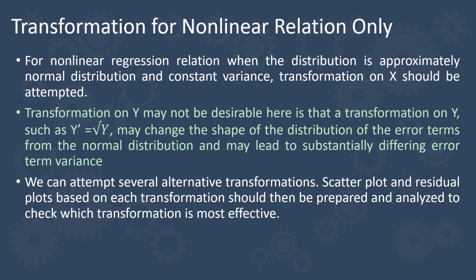Alright, we go specific to the transformation for the case of nonlinear relation. For the case of nonlinear regression, when the distribution is approximately normal with constant variance, the transformation on the independent variable X should be attempted. However, the transformation on the dependent variable Y may not be desirable in this case, because the transformation on Y, let's say the square root of Y, may change the shape of the distribution of the error terms and may lead to substantially differing error term variance.